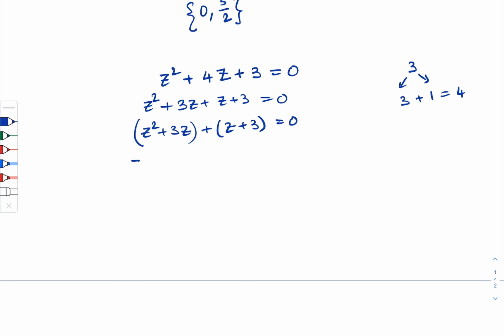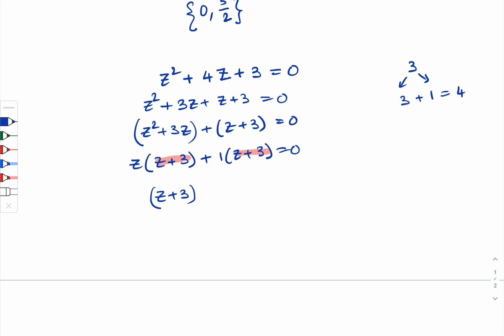Now I'm going to pull factors out. So pull the z out, that leaves you with z plus 3. And for the second one, there's nothing common, so we pull 1 out, which gives us z plus 3. So then what do I have left? I have z plus 3 is the same, so that means we're on the right track. So write z plus 3 times z plus 1 is equal to 0.